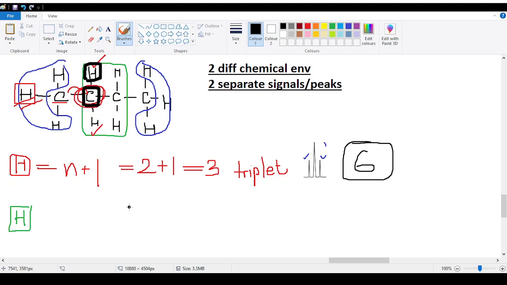And who are the neighbors of this carbon? The neighbors are this carbon and this carbon. So it has two neighbors on two sides. Are we clear on this?